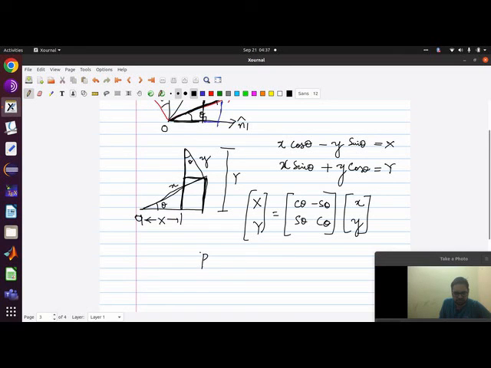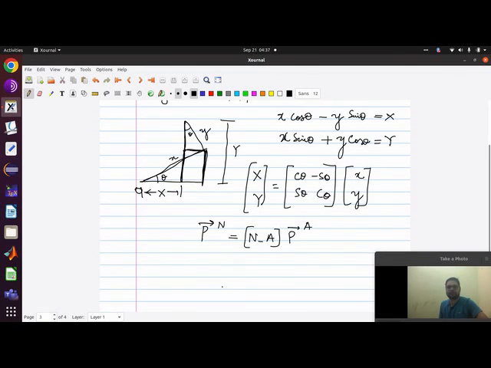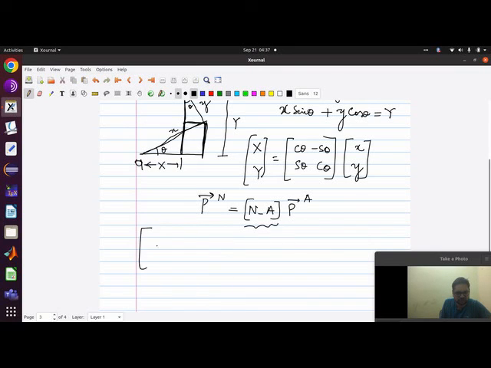So this is position P expressed in N, equal to this transformation matrix, which we are calling N underscore A, times position P expressed in A. Generally we write it as cos theta, minus sin theta, 0; sin theta, cos theta, 0; 0, 0, 1, because your z coordinate is simply capital Z equals small z.